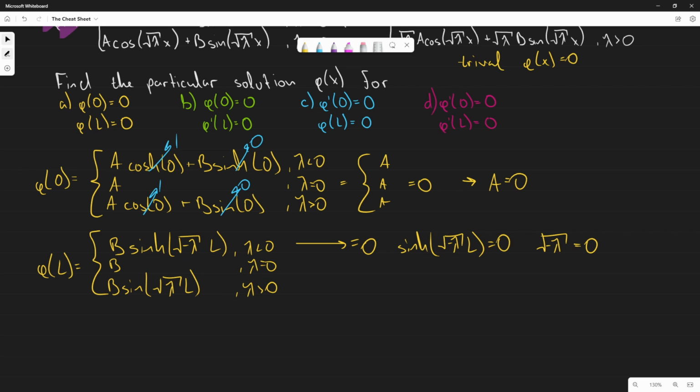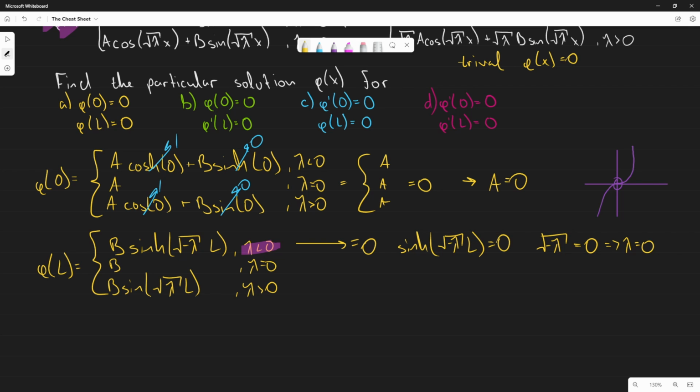For those of you who don't remember, the hyperbolic sine function is graphed to kind of look like a trig function, but it really isn't. And so we know that there's only one solution when it's equal to 0. Because the square root of negative lambda must be equal to 0, this tells us that lambda must equal 0. But we can't have that because we already know that this is the case when lambda is equal to a negative value.